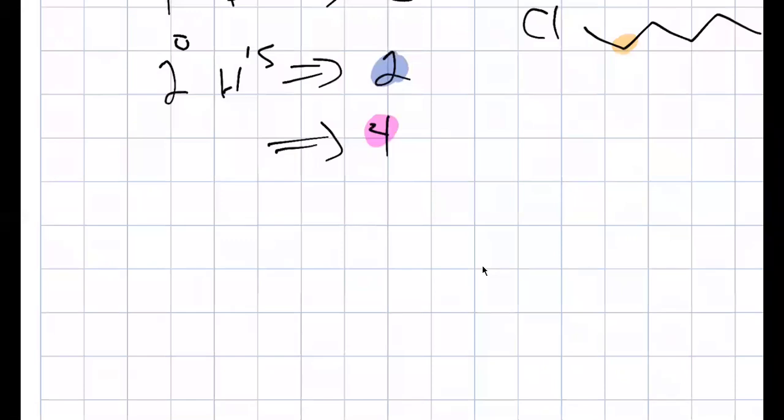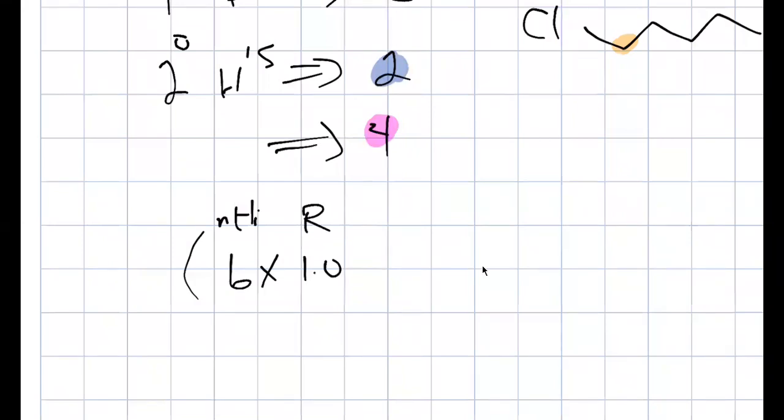So for the primary, we got 6 primary hydrogens times a reactivity factor of 1. This is N_H times R. It's that simple, right? Don't let the N and the H and all that stuff fool you or intimidate you.